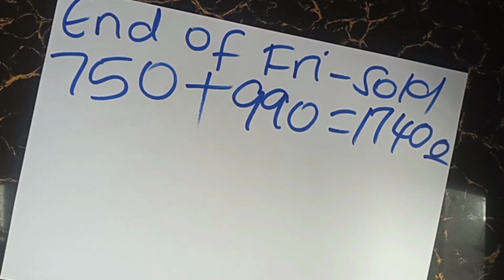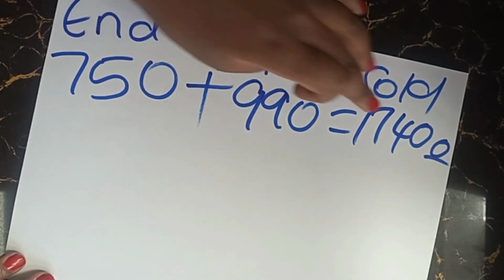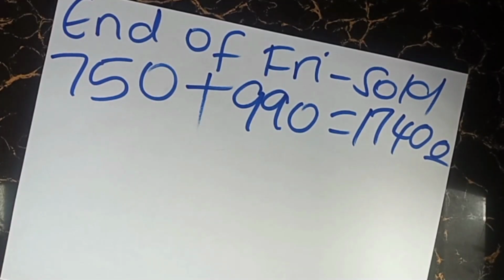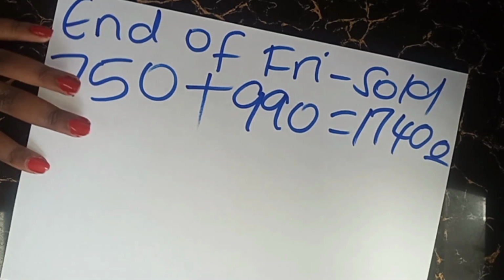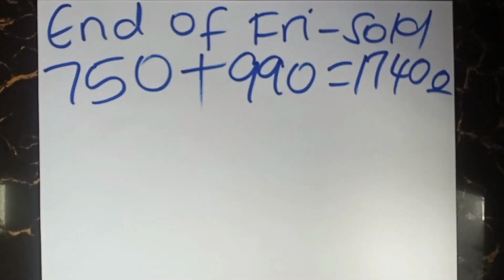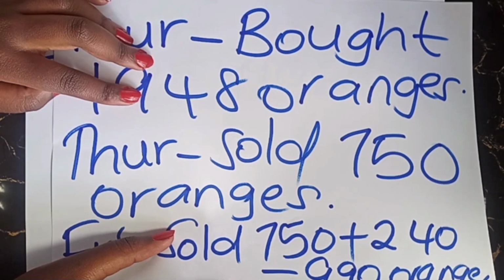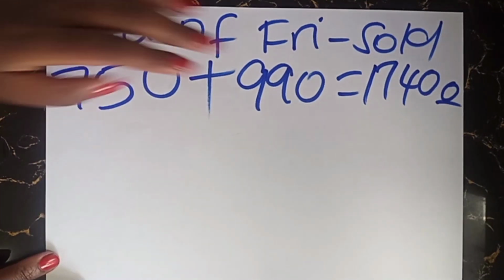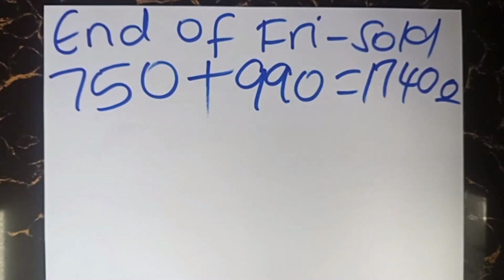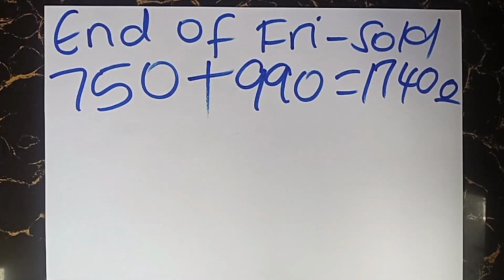Yes. So if on Friday he had sold this number of oranges, how many oranges was he left with then? If he bought this number of oranges on Thursday, and he sold this number of oranges by the end of Friday, how many oranges had he not sold?